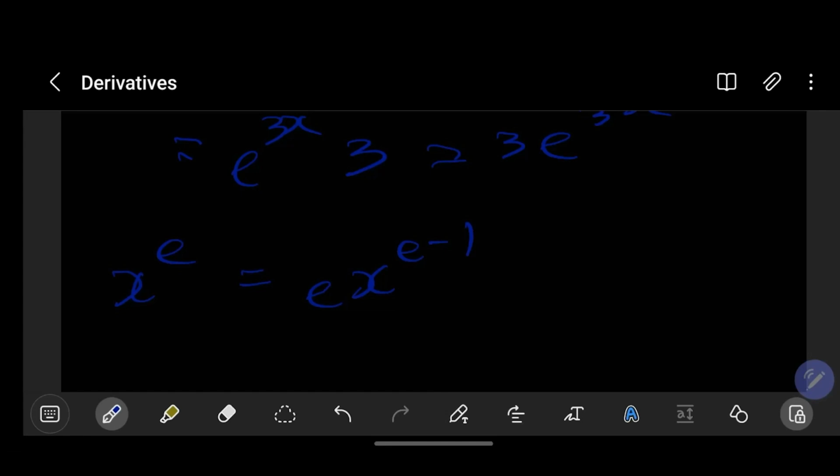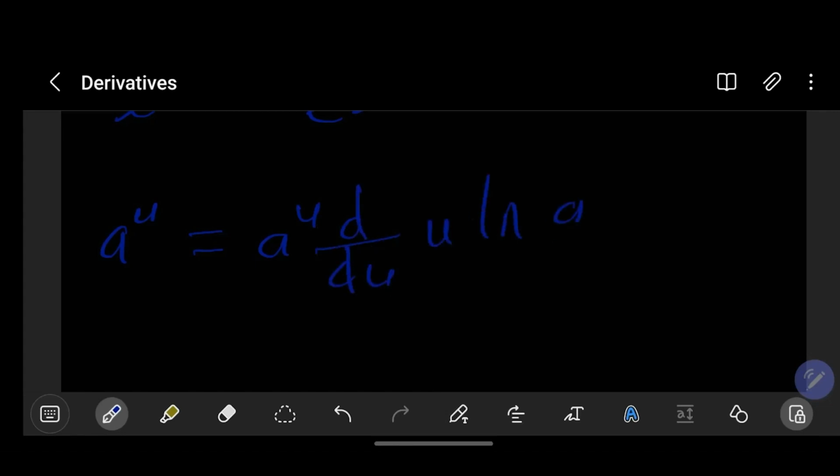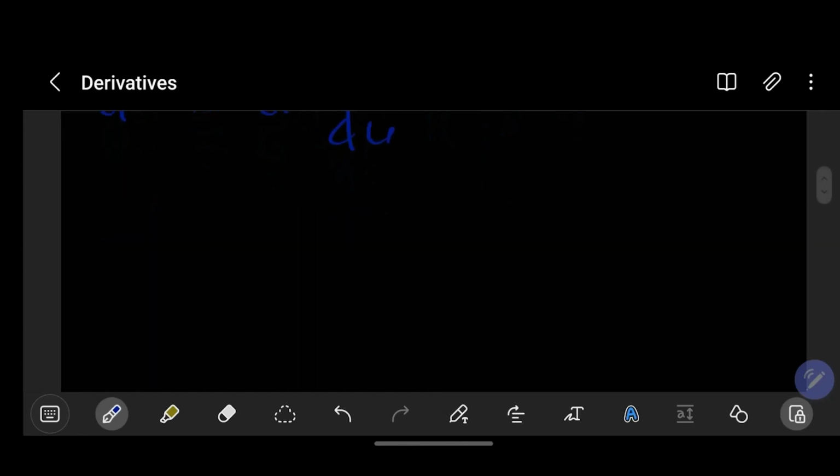Okay, so let's look at an additional rule to the exponential rule, like we mentioned earlier on. We can have a to the u. So the derivative of a to the u is a to the u times u prime times ln of a. Okay, so let's take the example of d/dx of e to the x cubed.